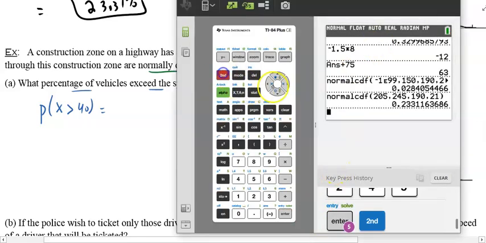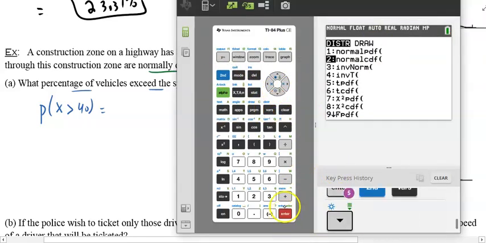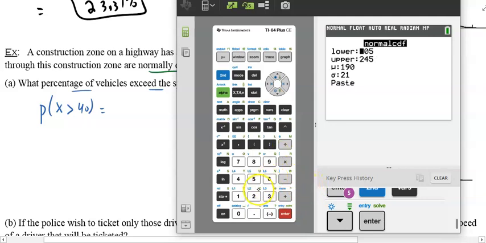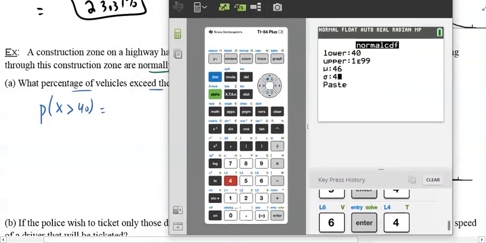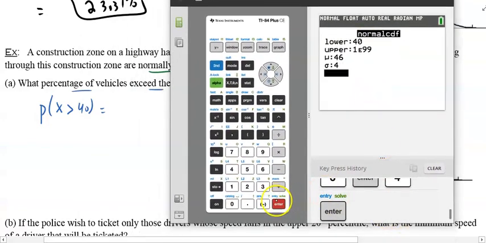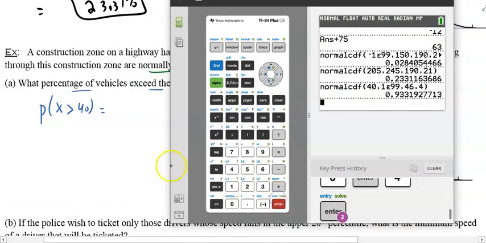So if I take second distribution, let's go to normal CDF because it's normally distributed. 40 is the lower end, the upper end is 1 times 10 to the 99. What is the mean in there? The mean was 46 with a standard deviation of 4, I believe. Let me just double check. Yeah, it is. Tell me what the answer is, and there it is, 93.92%.